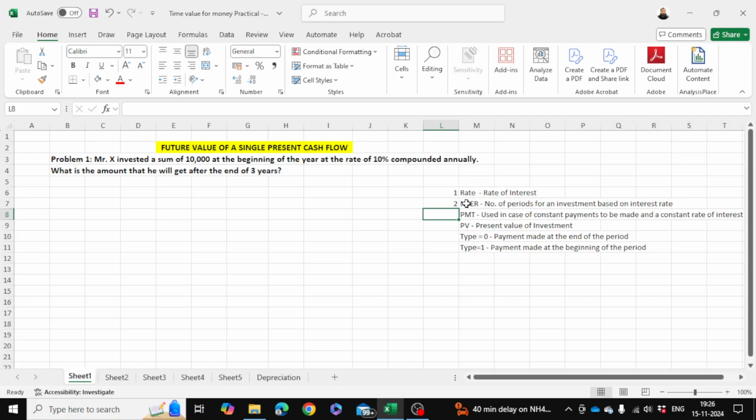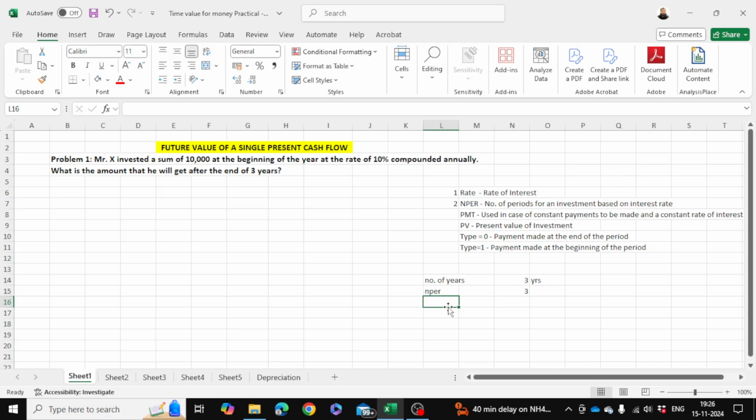Suppose the number of years is 3. If it is an annual mode question, then the N period will remain the same, equal to this number, so it will not change.